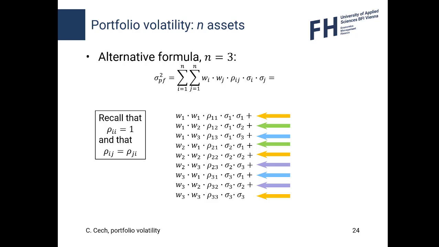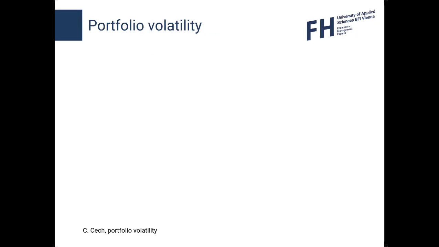So you will realize that this formula again yields the same results. Let me mention again, this can be a nice formula if you do programming and if you have in your programming environment no possibilities to use matrix algebra.